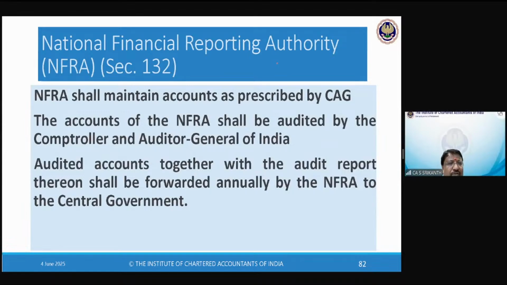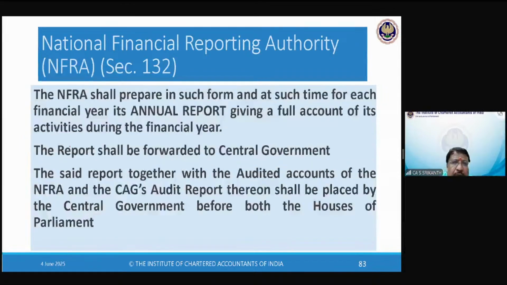And do you remember what we did for IEPF? Same. The NFRA also should maintain accounts, and the accounts of the NFRA will be audited by the CAG, and audited accounts with the audit reports thereon will be forwarded by the NFRA to the central government, and then the NFRA will prepare an annual report. Just compare this with the IEPF.